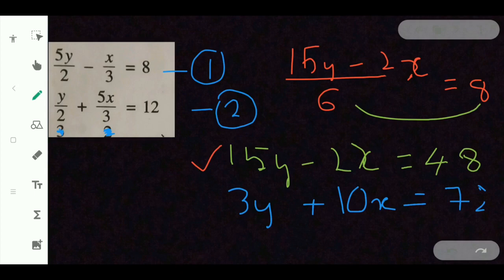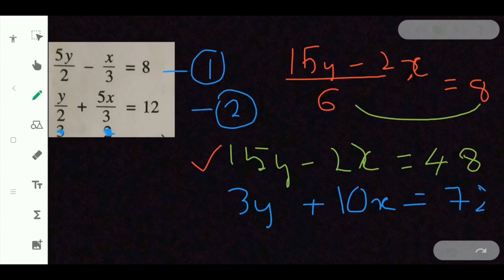So now 15y and 3y, these are a little bit big terms, so I am going to the x terms. So x terms we are having minus 2x and plus 10x. So I should multiply 2 with 10 and 10 with 2. In order to match them, we should multiply the whole equation in the same way.